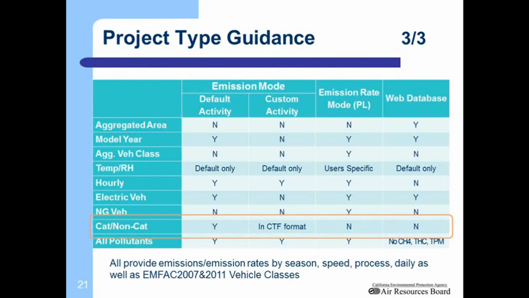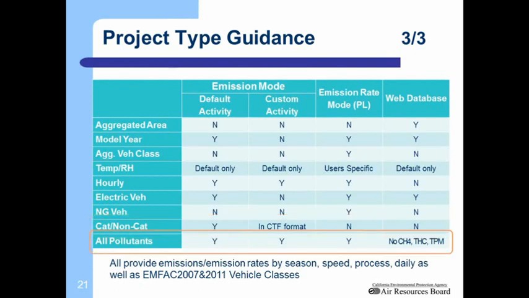The CTF format is the output format that is most usually used in ARB internally to generate emission inventory for database use. We do not include methane, total hydrocarbon, and total PM in the web database tool. But if you're interested in those inventory numbers, you can get them from other data types.